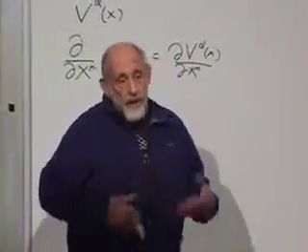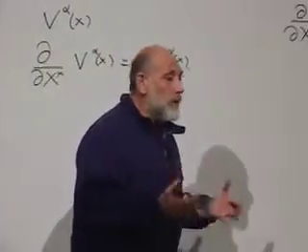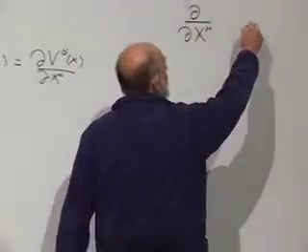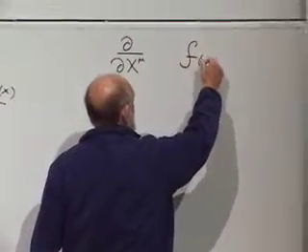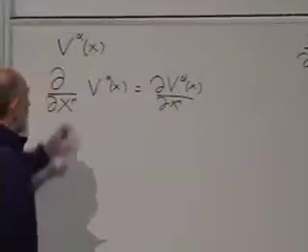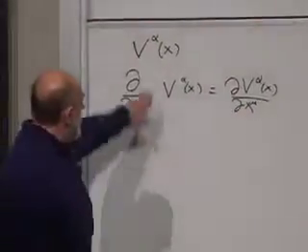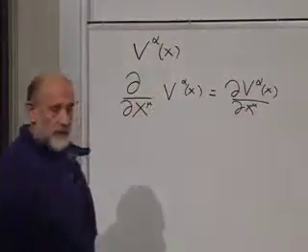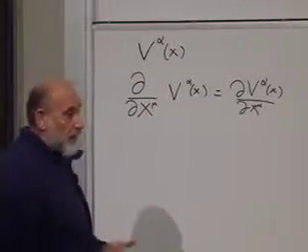Another kind of operator doesn't differentiate. It might just multiply a function by another function. So just multiplication by any function of x: take any function of x and use it to multiply your starting function. That's another operator you can do.